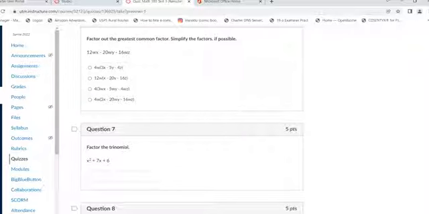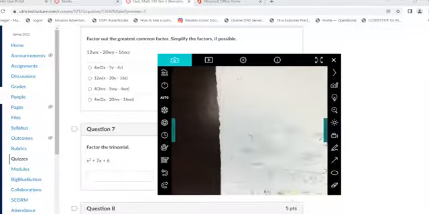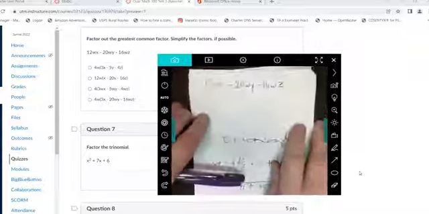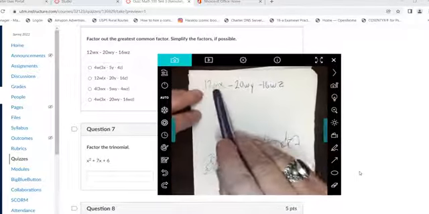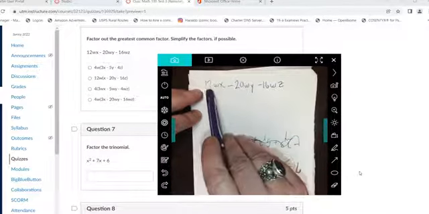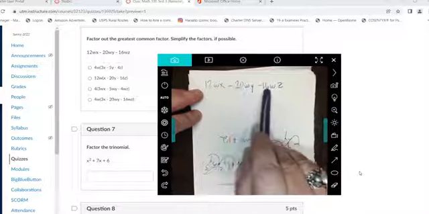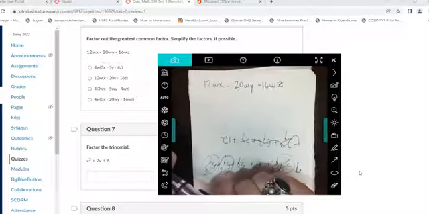Now we want to factor out the greatest common factors. Okay, so let me get a pen and write this down first. Okay, so we need to look at the numbers. What do 12, 20, and 16 have in common?